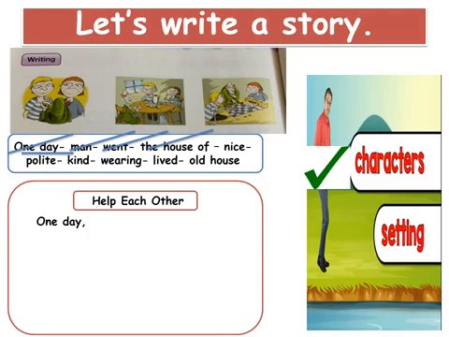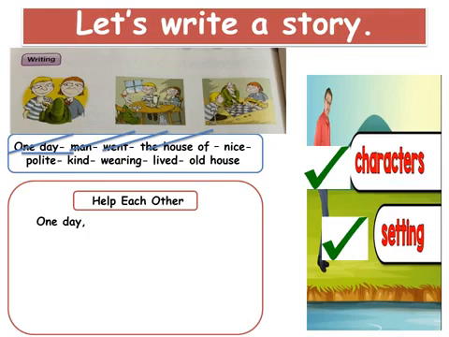Okay, and then we will continue and speak about the setting. And here I gave you two words, lived and old house. So you can say they live in an old house, right? And this is your paragraph.